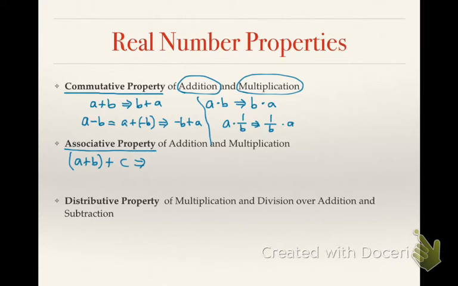You can change it so the parentheses are around B plus C, giving A plus B plus C. Nothing is moving around other than the parentheses. The variables are staying in the exact same location. They're not commuting. They're being associated in a different way. Multiplication, same thing. A times B times C can be associated in a different way, where you have A times B times C with the parentheses moved. The order of the letters and variables stays exactly the same.